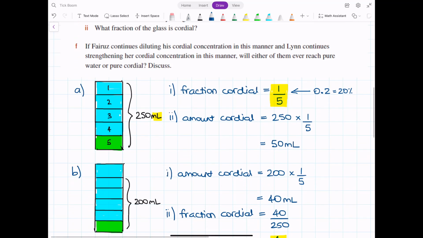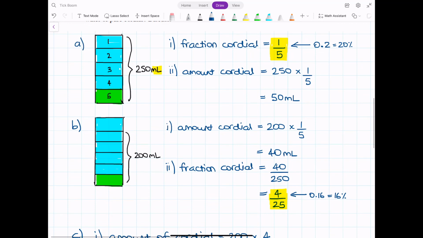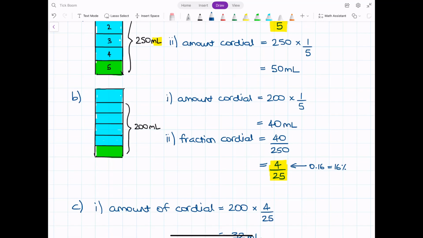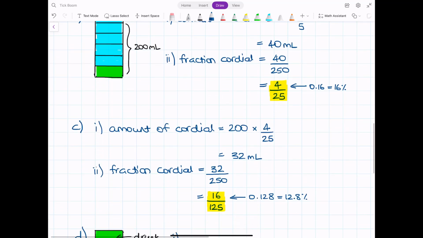Well, the amount of cordial in the glass to start with was 50 mils, but then it got drunk, and then the fraction that would have been left, we worked out in part B, once you drink 50 mils of the original mixture, there's 40 mils of cordial left, but then we're adding to that another 50 mils.